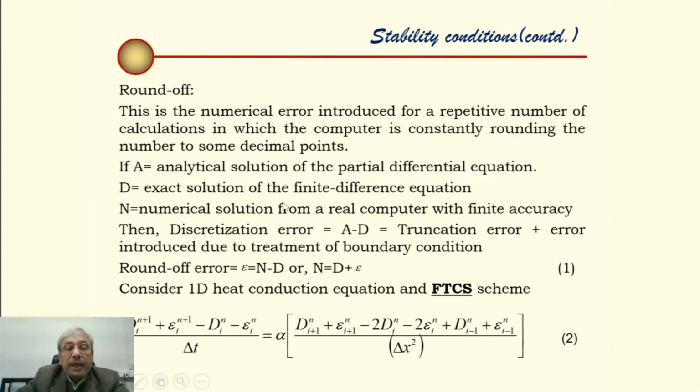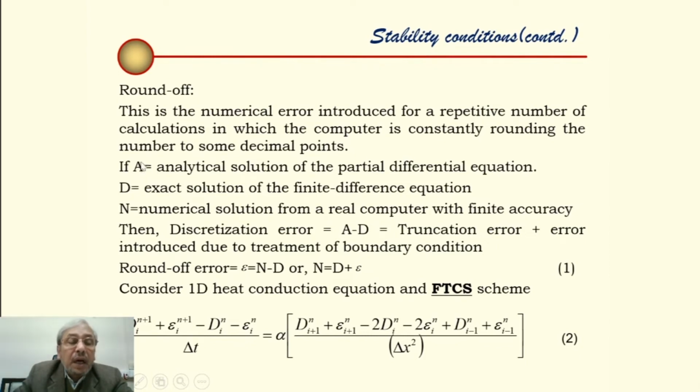When we reach convergence, basically N is equal to D. Now, discretization error is basically truncation error plus error introduced due to treatment of boundary condition, etc. This is A minus D.